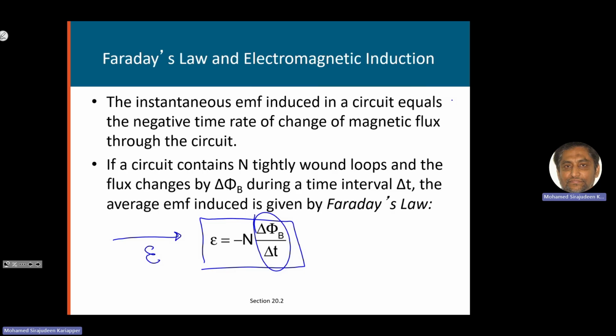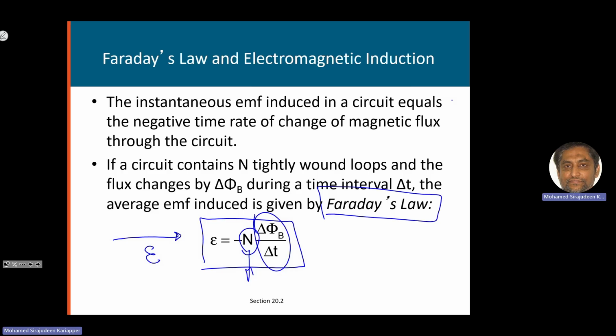It's not just the magnetic field, not just the area, it's both, the flux. Also, it depends on the number of loops. With more loops, the effect will be more, increasing linearly with the number of loops. So this is Faraday's law.